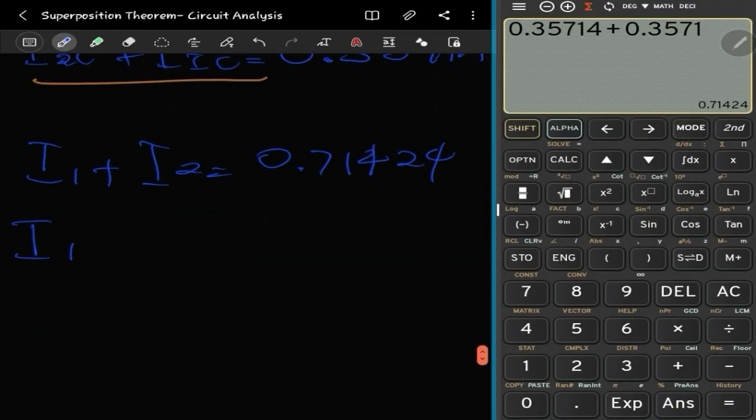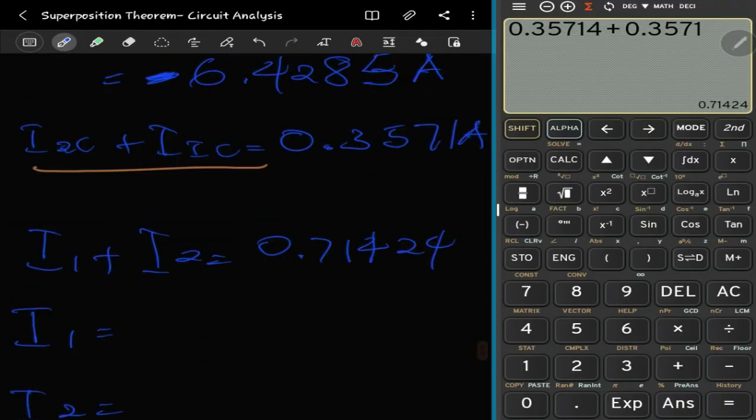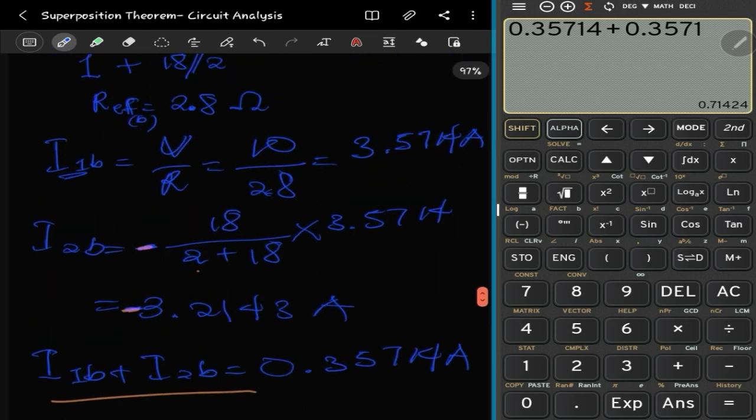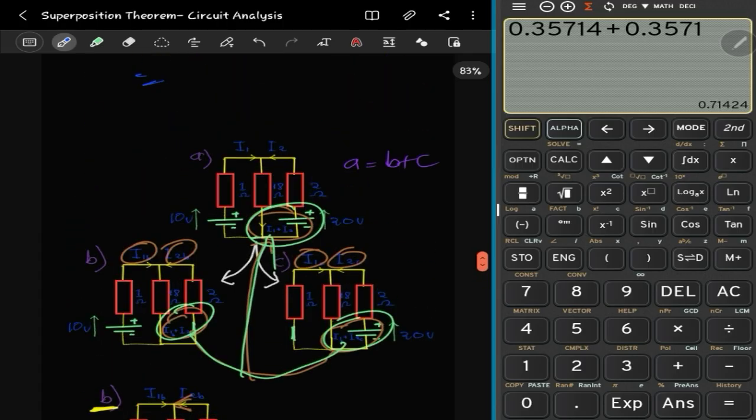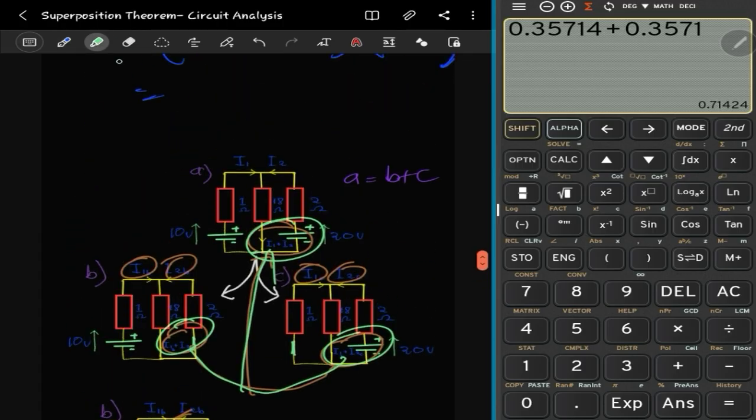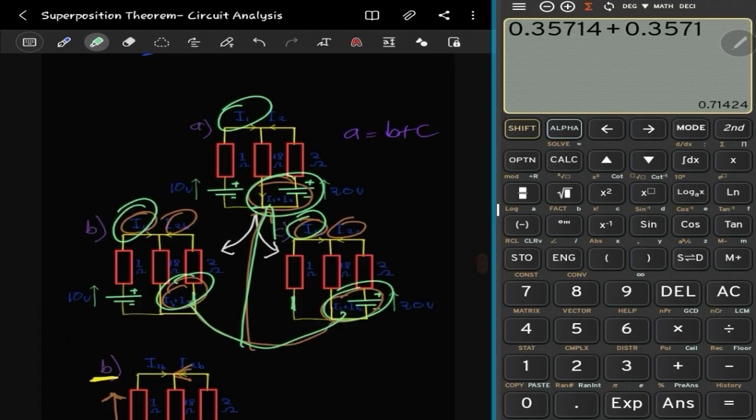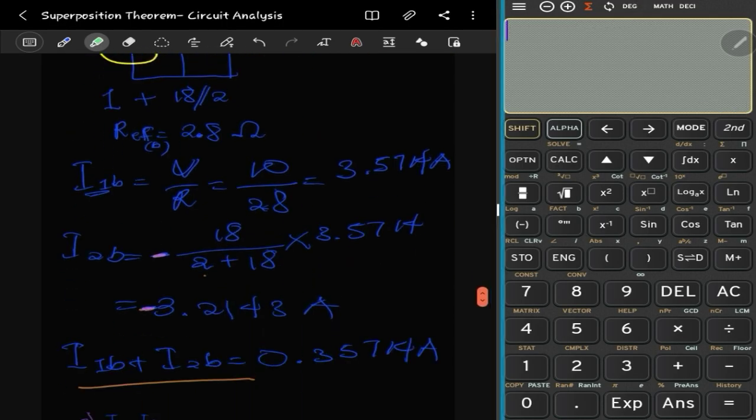But let's see I1. Our I1 here will actually be the sum of some other things. So our I1 here will mean adding this I1 here and this I1 here. So let's see. I1B is 3.5714.